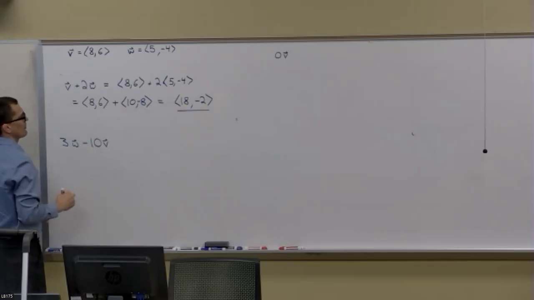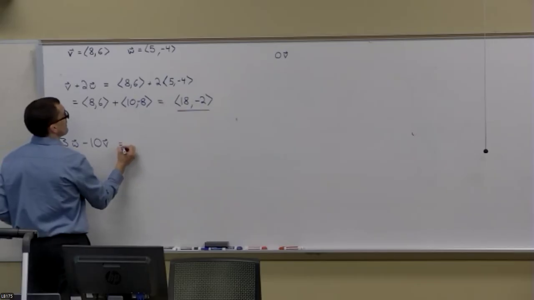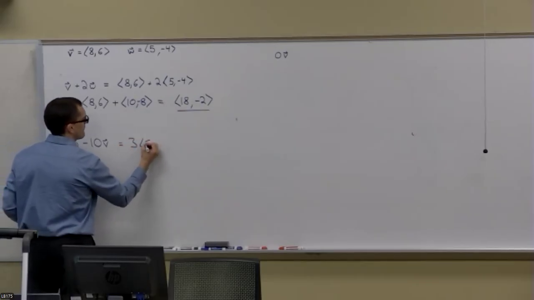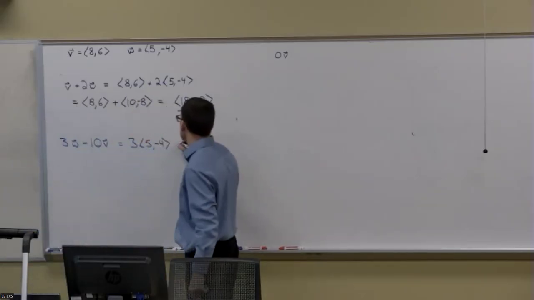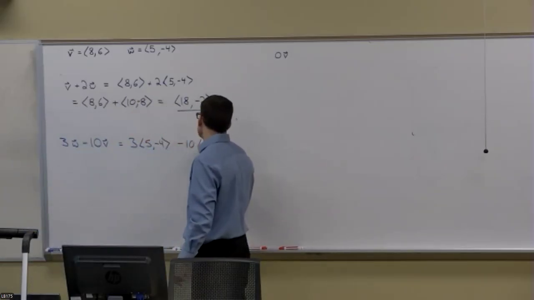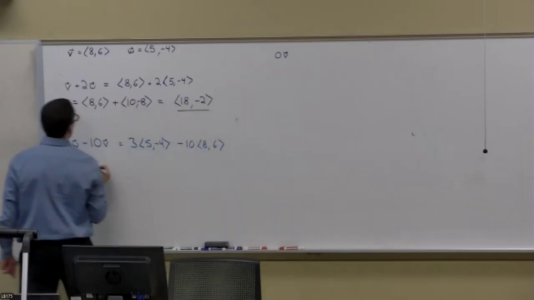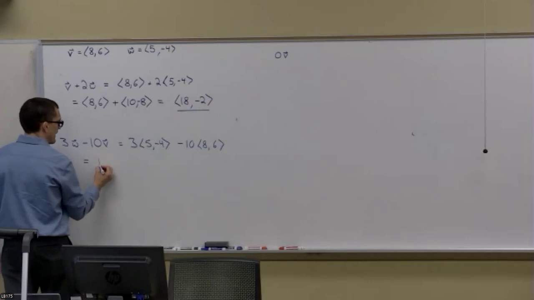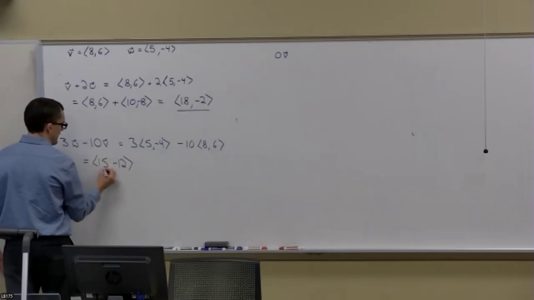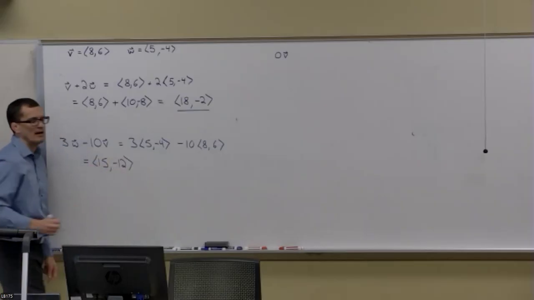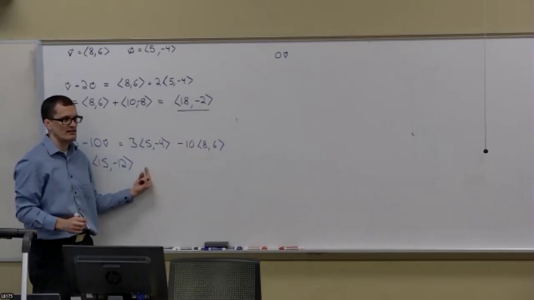Be careful on order. Sometimes I'll mix up the order. This starts with the W first. So we go 3 times the 5, -4, minus 10 times the 8, 6. We get 15, -12 when I multiply the 3 in. What I would probably do is multiply in a -10 and then put a plus sign out here.